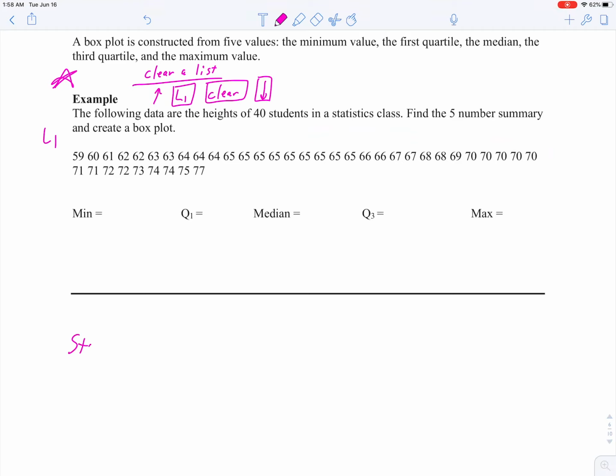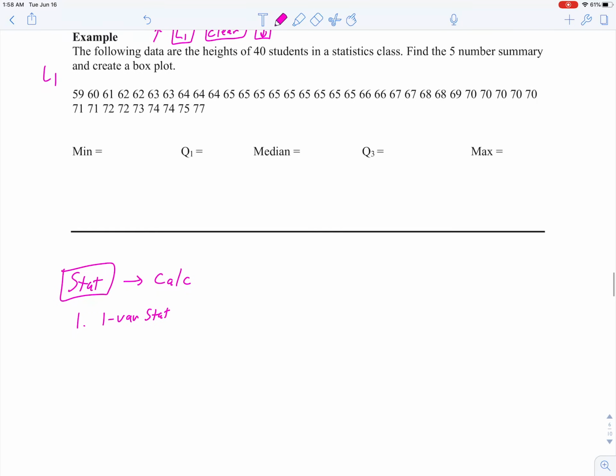So you're going to hit the stat button, and arrow over to calc on your screen. What you're going to see is the option number 1 is called 1-Var Stats.